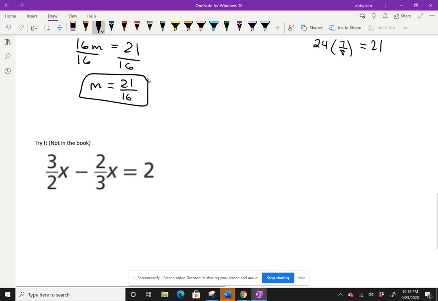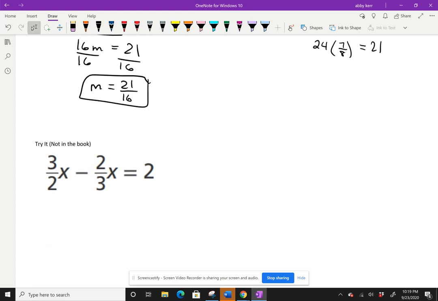Please try your turn. I want to tell you to do one thing for your try it. Notice that we have a fraction here, and we have a fraction here. But where's our other fraction? You can make any whole number a fraction.